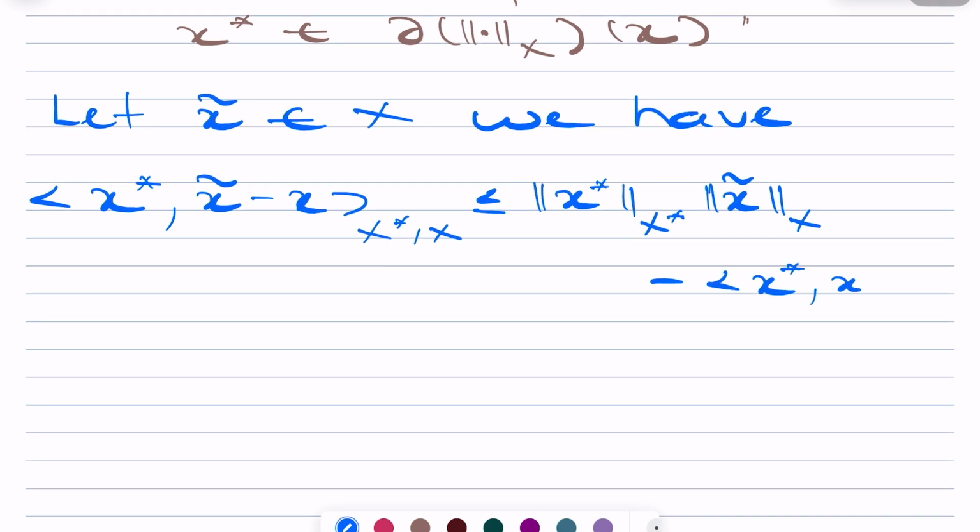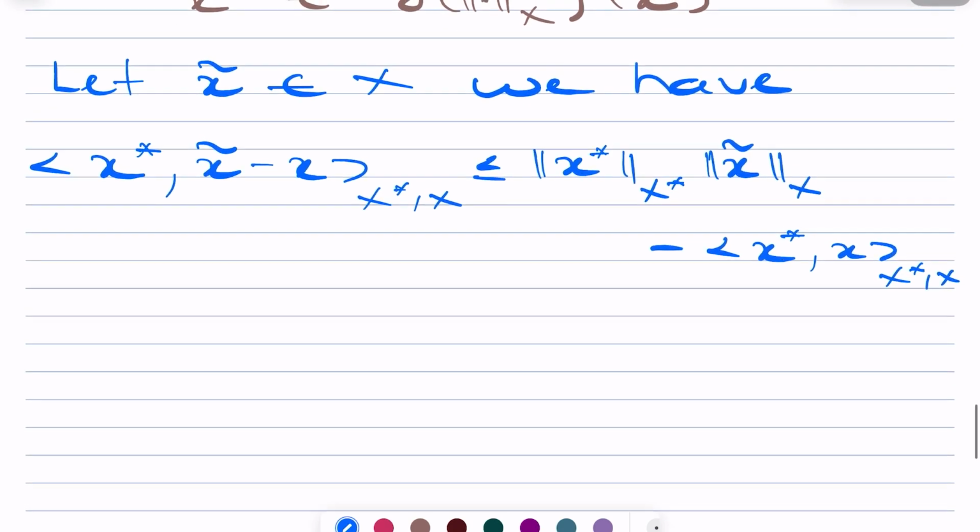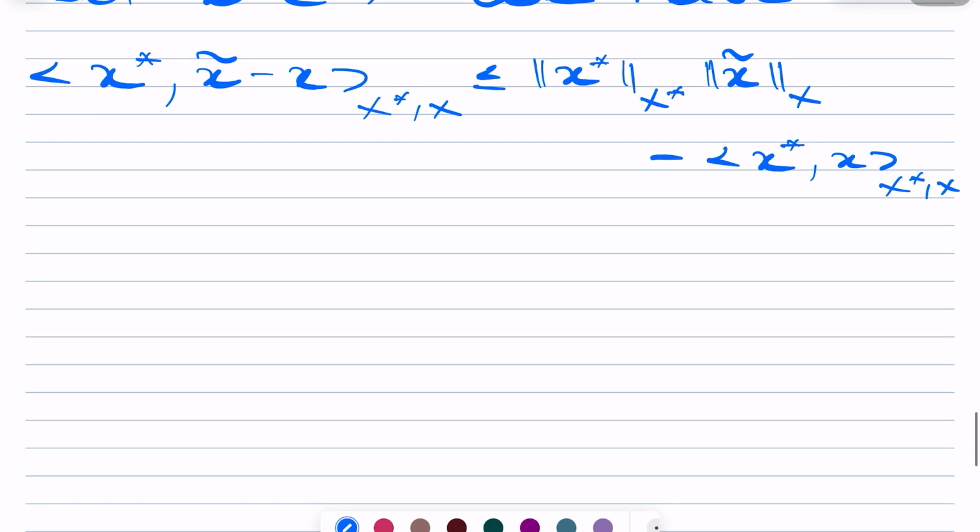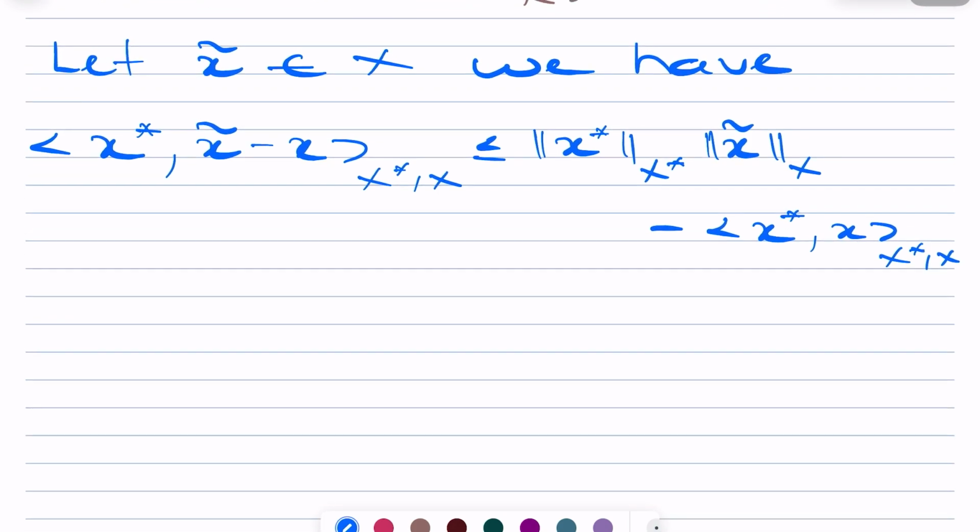So this is basically by linearity of the duality pairing, and also due to the fact that x star is a linear bounded operator. Now, by assumption, you have that this is equal to 1. So this is known. And you also have that this quantity here is equal to the norm of x.